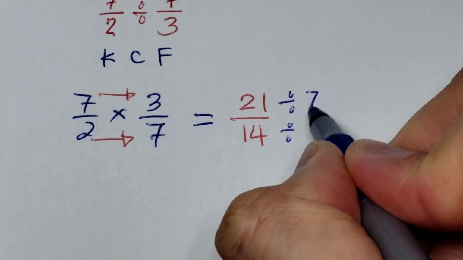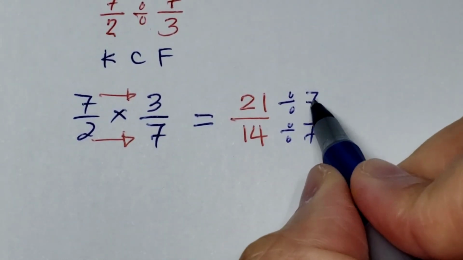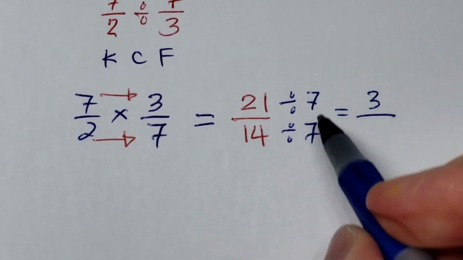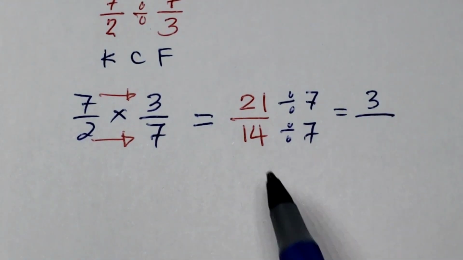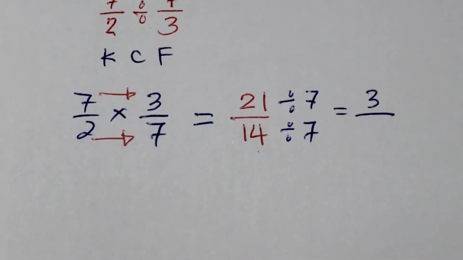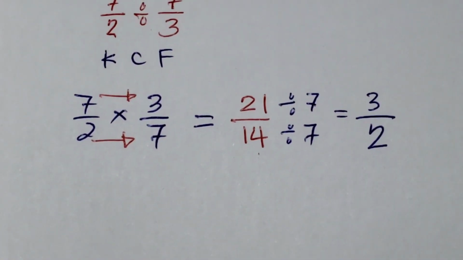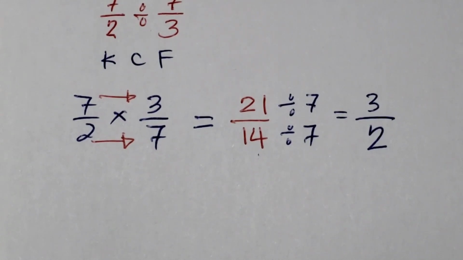That should be 7, because 7 times what gives you 21? 3. And 7 times what gives you 14? That's going to be 2. So the answer to this problem would be what?